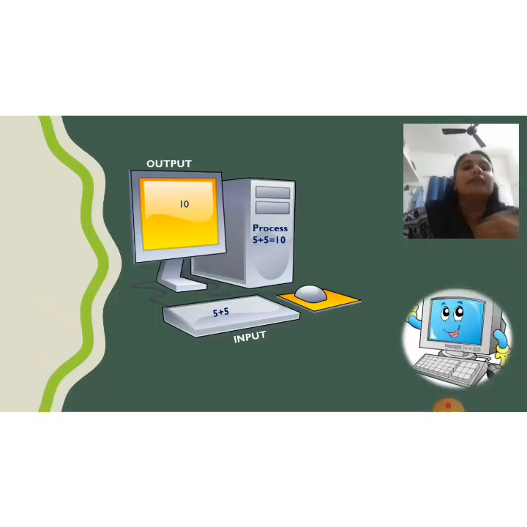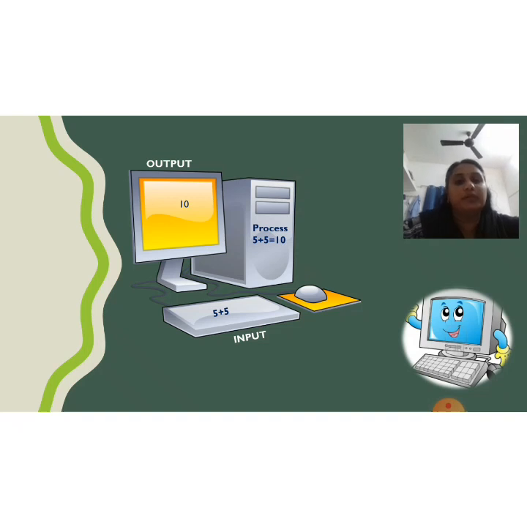And next, now we are going to see an example of what's happening inside the computer. So now we are going to see how a computer works. See this picture. Through the keyboard we are giving an input. Here a problem is given, 5 plus 5. So we are typing 5 plus 5 with the input device, the keyboard. This input goes inside the processor.